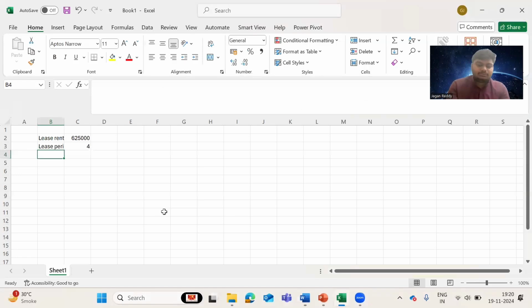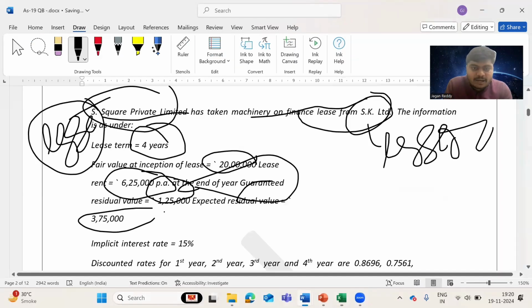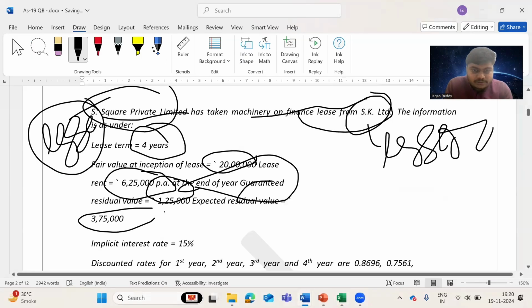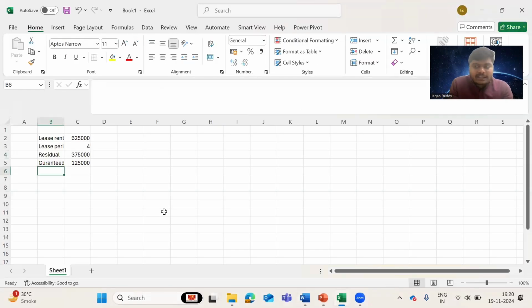Next, residual value 3,75,000, whereas guaranteed residual value is 1,25,000. So unguaranteed is not required for the lessee. I never use unguaranteed residual value in the accounting treatment of finance lease by the lessee.